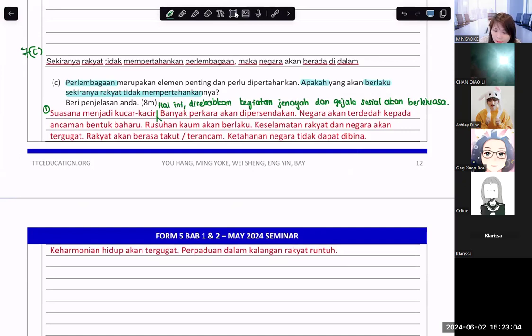Then other than that, this is fakta again, then huraian. For example, if you say I want fakta, huraian, you can do that. You can write fakta here: banyak perkara akan dipersendahkan. Then you huraikan: kerana negara terdedah kepada ancaman bentuk baharu. Okay. Then rusuhan kaum, contoh.